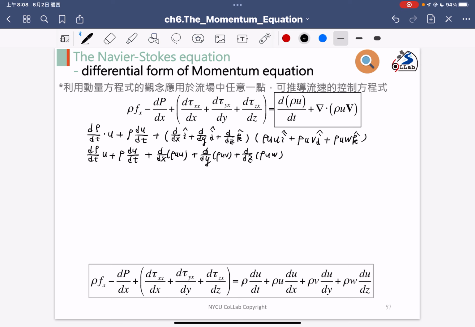So we expand the differential items here again.